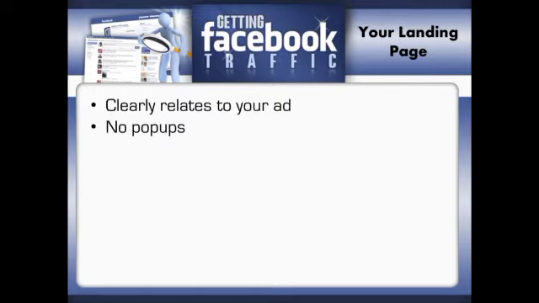Again, you cannot have any pop-ups. You want a very clean landing page that focuses on one thing, either selling your product or selling somebody else's product as an affiliate. If there are any pop-overs, pop-unders, any of that kind of stuff, they've got to come off of there because you're not going to get approved.